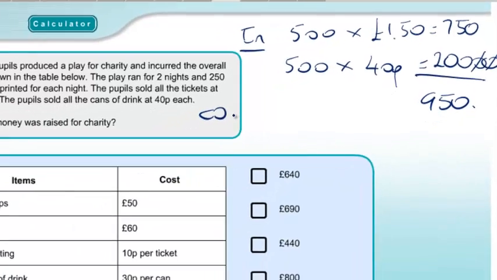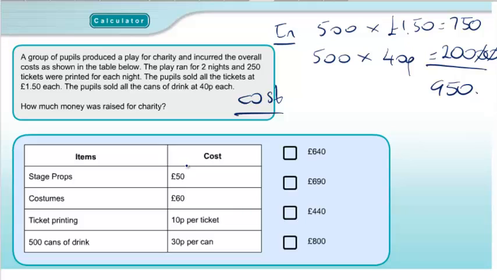Now for the costs, and the costs are all in this table down here. So we had 500 cans of drink at 30p. So 5 times 3 is 15, and we have 1, 2, 3 zeros. To convert to pounds, we get rid of 2 of the zeros, so that's £150.